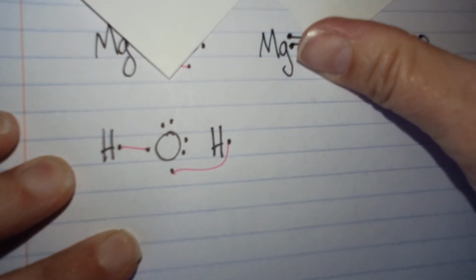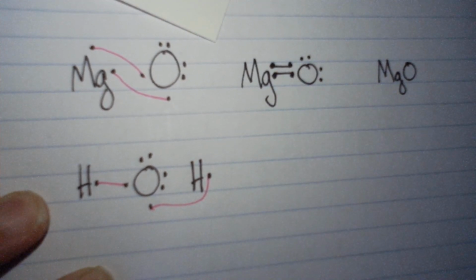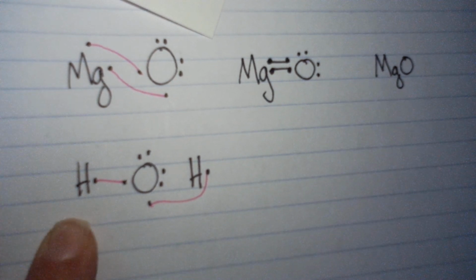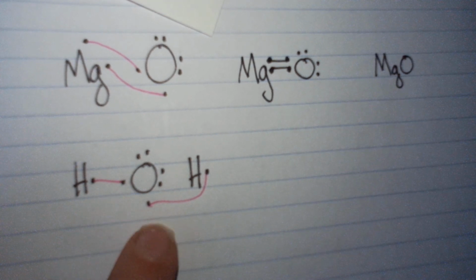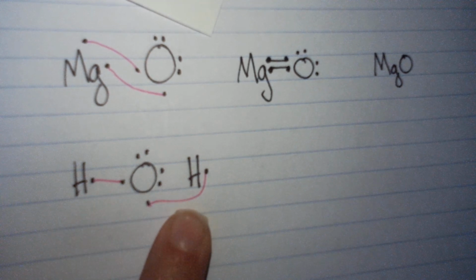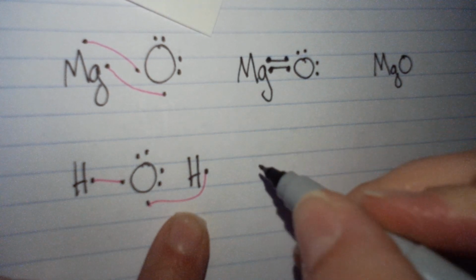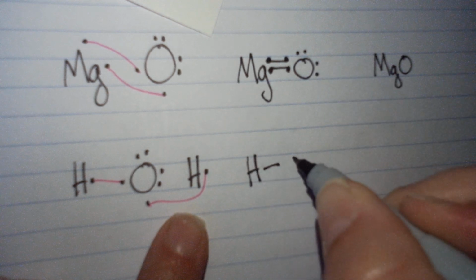Now, how are we going to show how many lines are between the first hydrogen and oxygen? 1. How many lines are between the oxygen and the next hydrogen? Just 1.